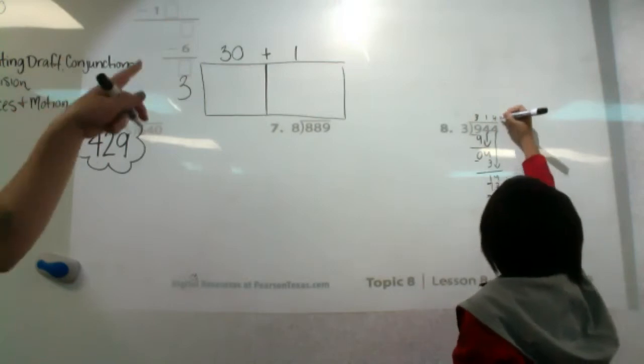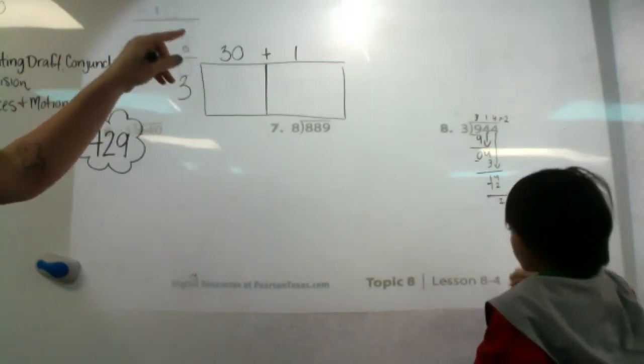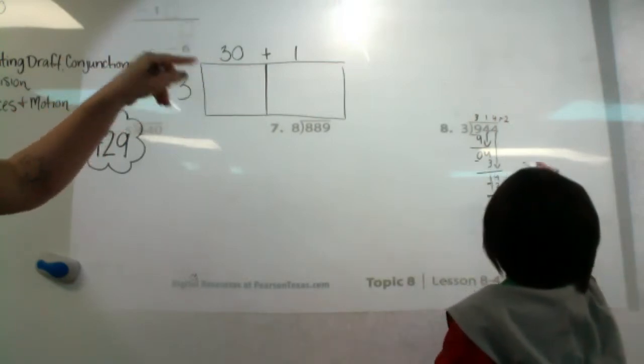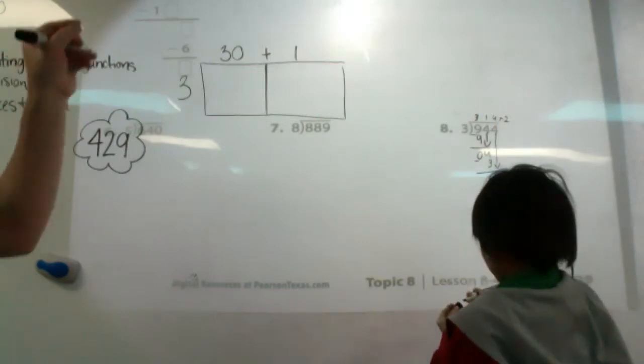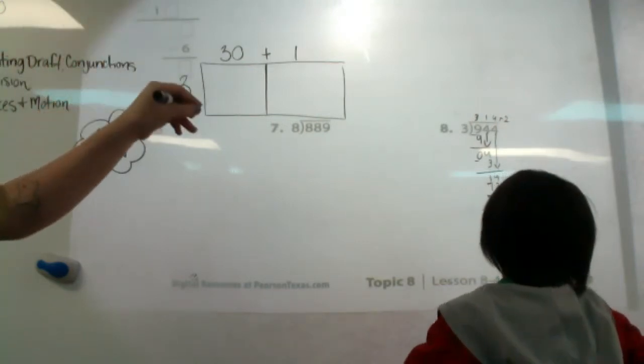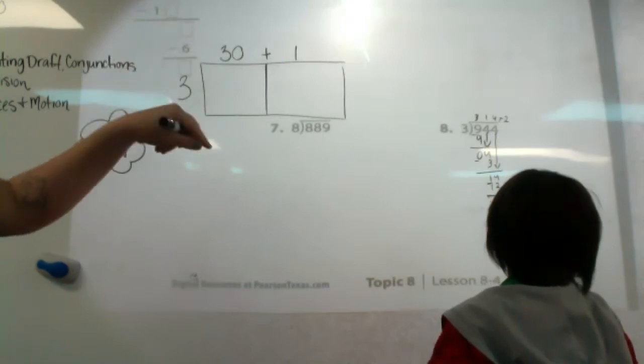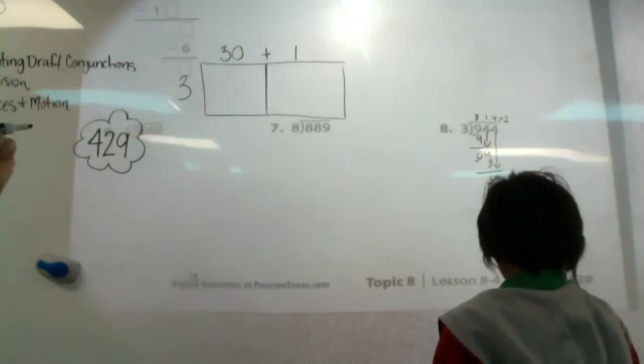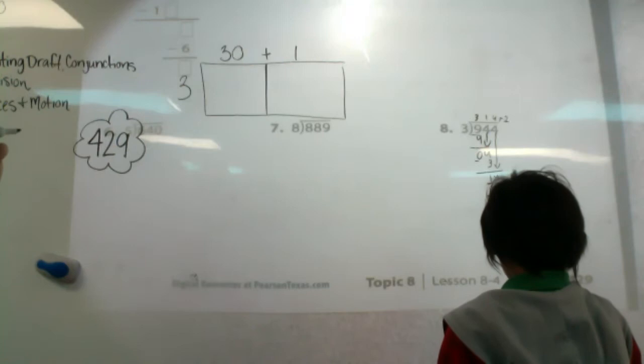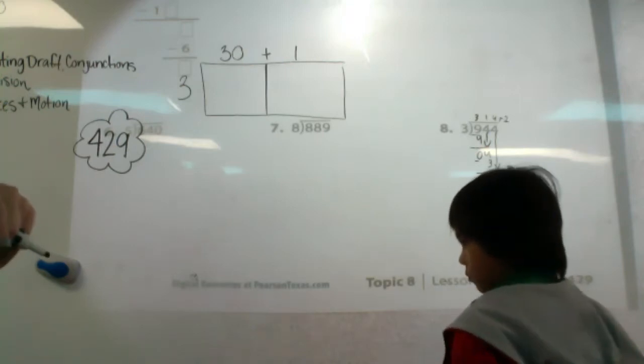So he says 3 will go into 9 3 times. 3 times 3 is 9. Subtract and get 0. Bring down the 4. 3 will go into 4 one time. 1 times 3 is 3. Subtract and get 1. Bring down the 4. 3 will go into 14 4 times. 4 times 3 is 12. Subtract, get 2. So you got a remainder of 2.